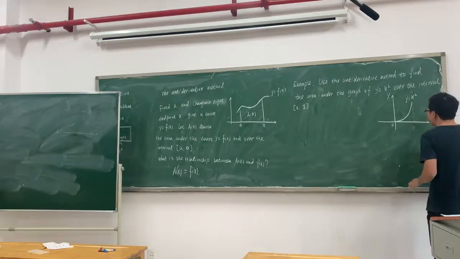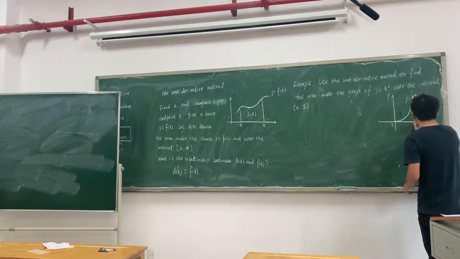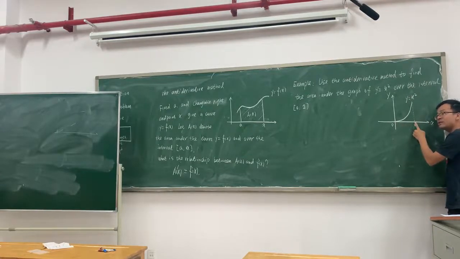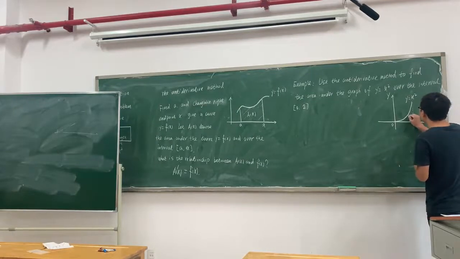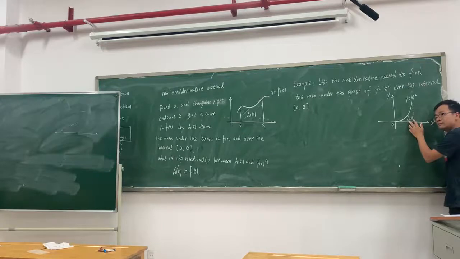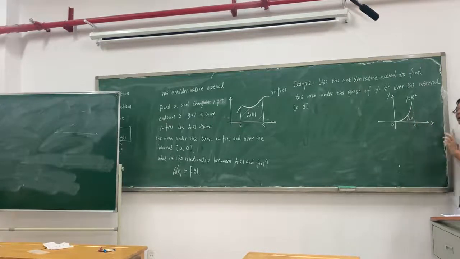Here, we fix the left point. The left point is 0. The right point is x. So we use A(x) to denote the area.